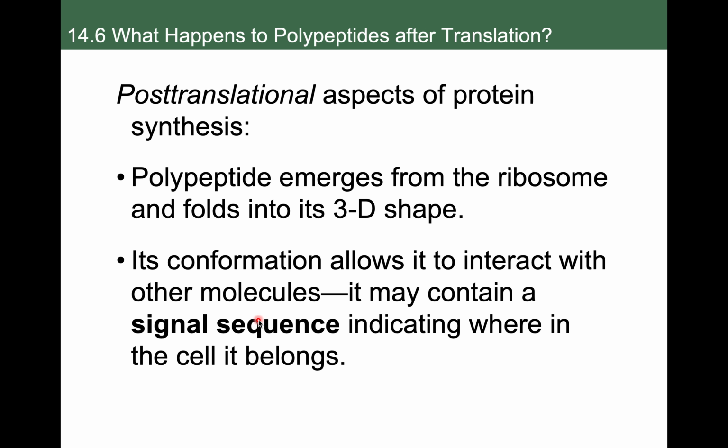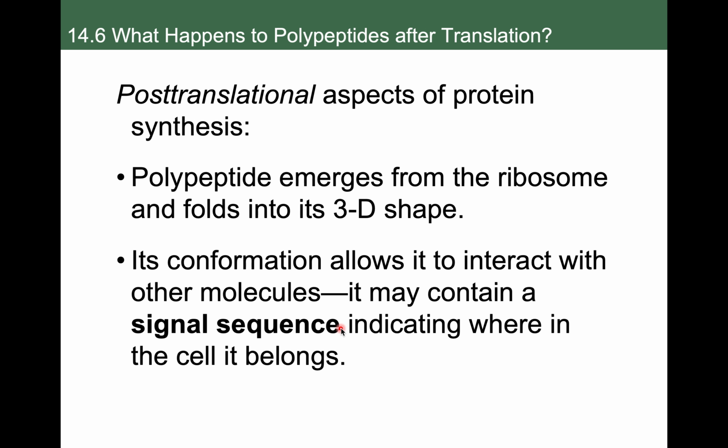So let's focus on the pathway where we make this protein and we want to send it to the ER and then to the Golgi and then to the cell surface, sort of through that pathway that we talked about back in chapter 5.